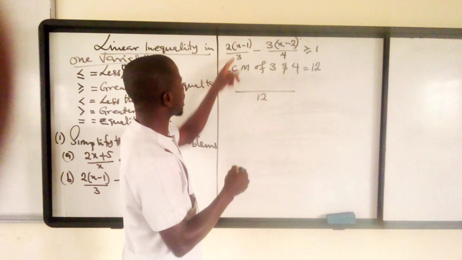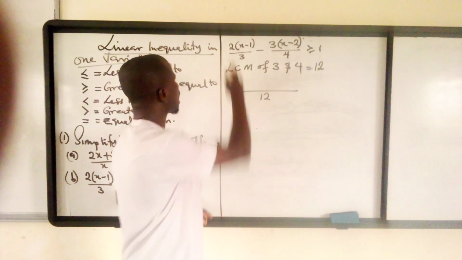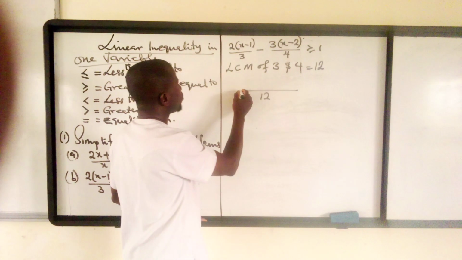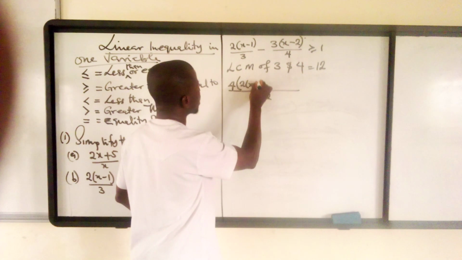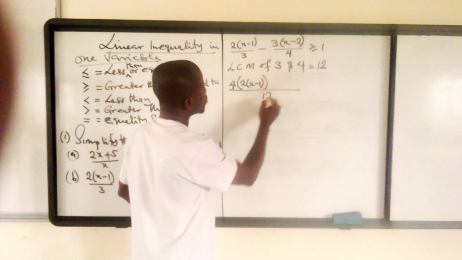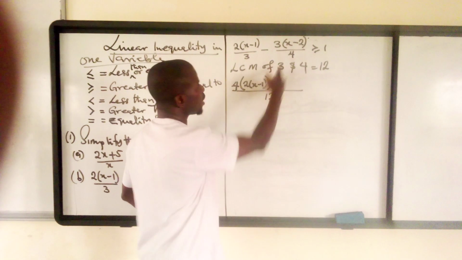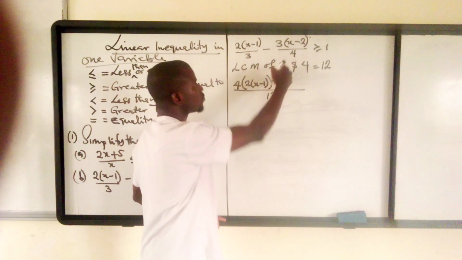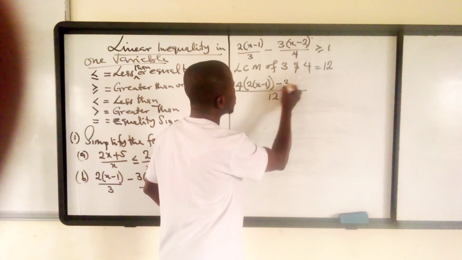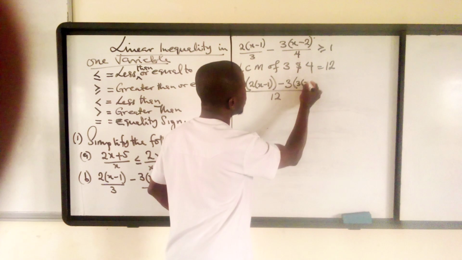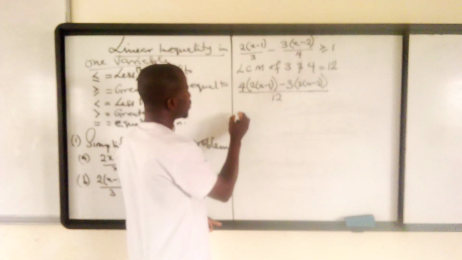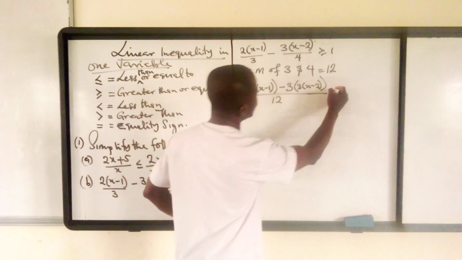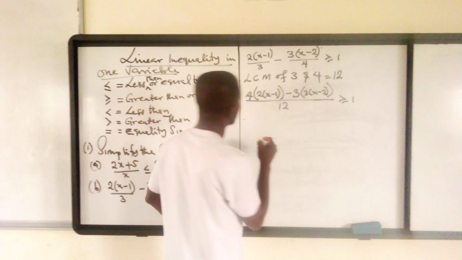12 divided by 3 is 4. 4 times this whole numerator here gives me 4 into 2 into x minus 1, minus 12 divided by 4 is what? 3. So I have it as 3 into x minus 2 this way. So what does this mean? I have to remember that this is greater or equal to 1, please.